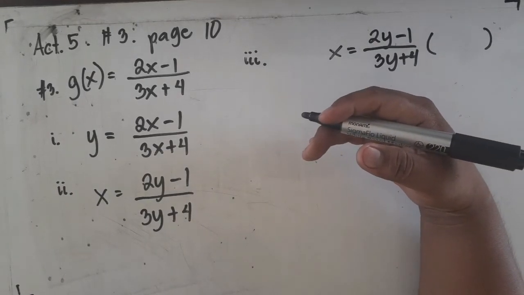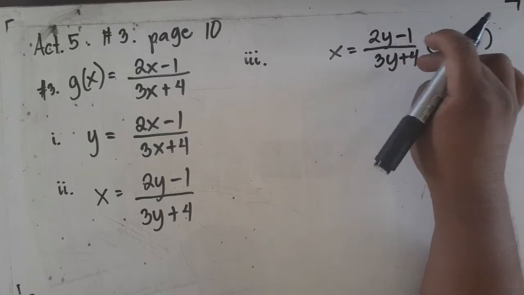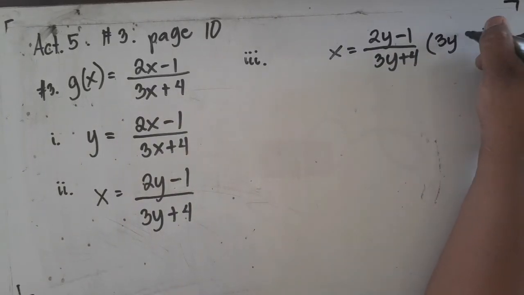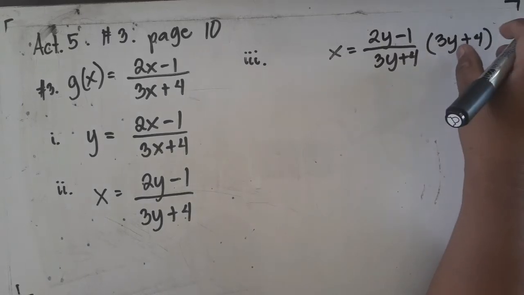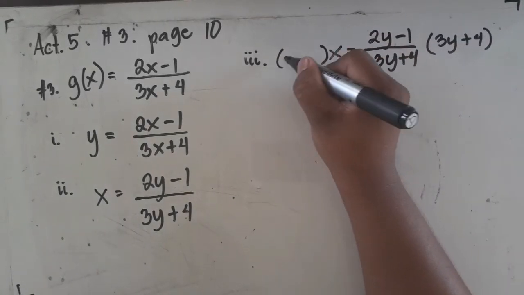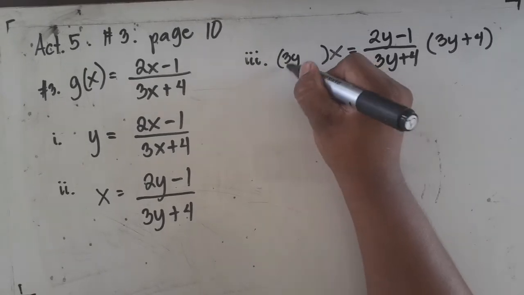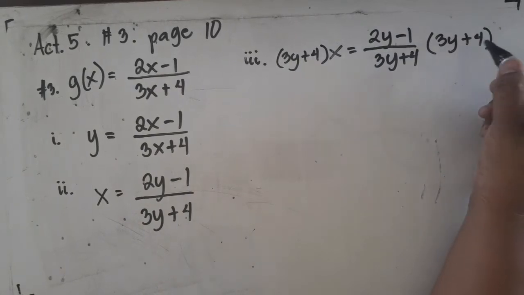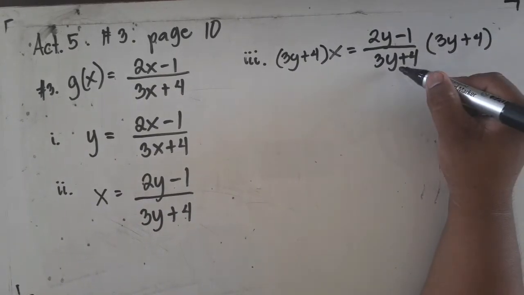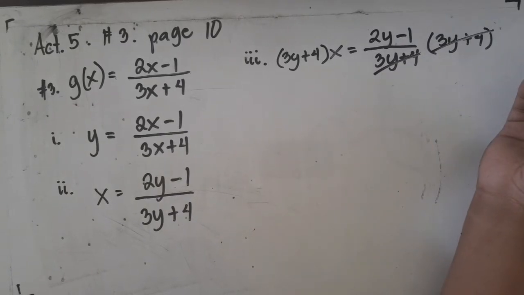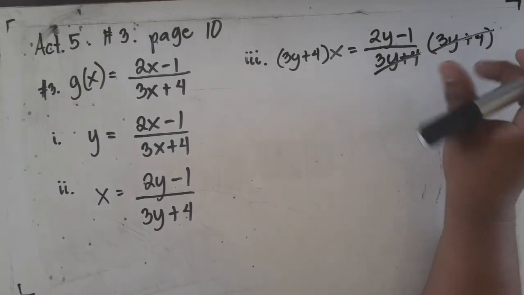Kung denominator imong gusto walaon, i-multiply ni siya sa iyang kabaliktaran, which is the 3y plus 4. If you multiply 3y plus 4 on the right side, 3y plus 4 must also be multiplied on the left side. Remember, 3y plus 4 over 3y plus 4 is exactly 1, the multiplicative identity, so no need to write.